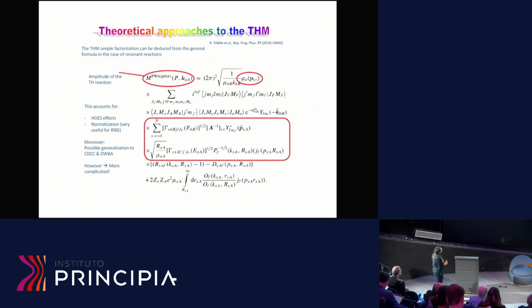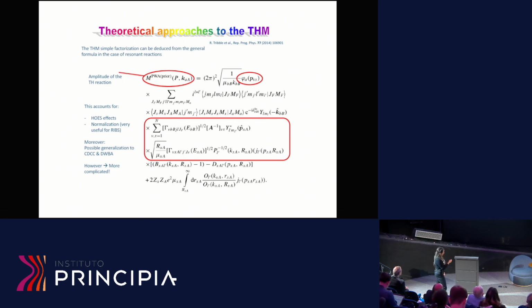Just to show you that we also have a more complex formalism that has been developed for resonant reactions, but still in these highlighted parts of the formula, you can recognize the factorization. This is the transfer amplitude, this is the momentum distribution, and this is connected with a two-body reaction cross-section.